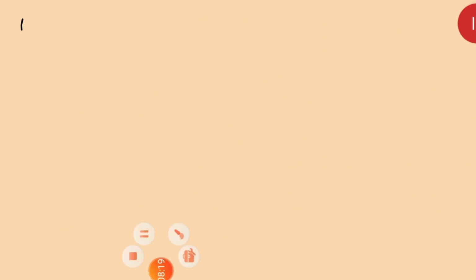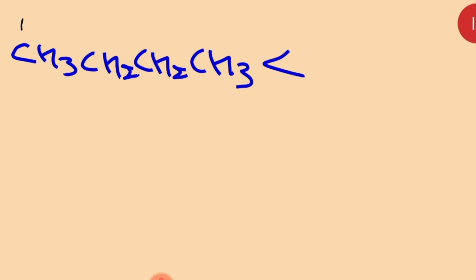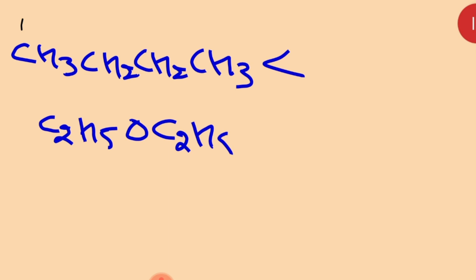So how can we write it? You just see how I am writing the increasing order. Least will be n-butane. Formula of n-butane: CH3, CH2, CH2, CH3. Then after that comes ethoxyethane, that means C2H5-O-C2H5.